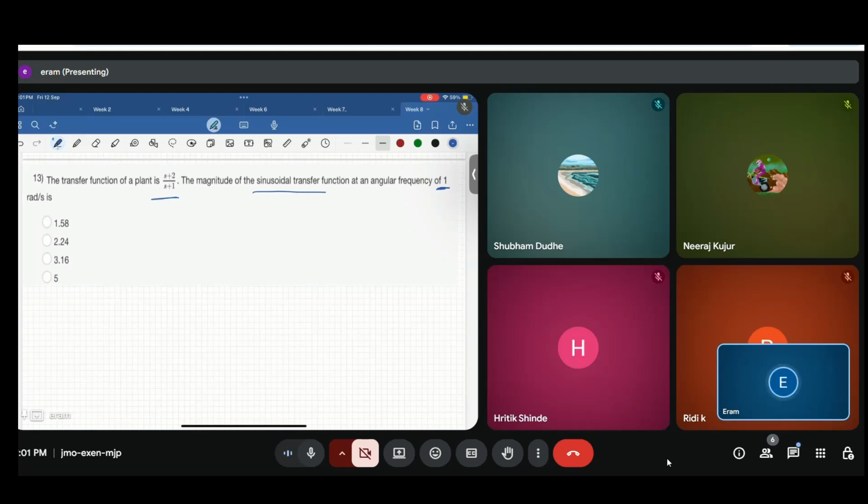You just have to calculate the magnitude of this transfer function at an angular frequency of 1 radian per second. So just put s equals j omega, then put omega equals 1 and find its magnitude.